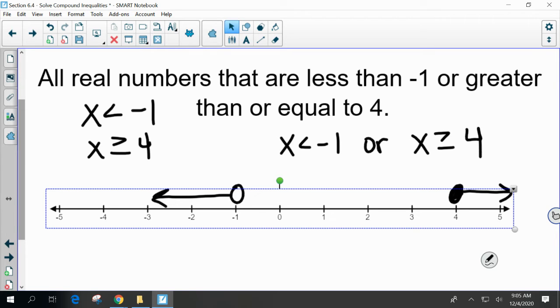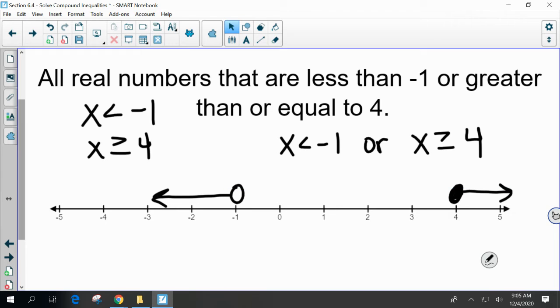Why would you ever need it to be the or? Like, why would you ever need there to be that gap in between? That's more likely to happen when you get into algebra 2 and you're starting to find the zeros of a function, and that'll make more sense later.